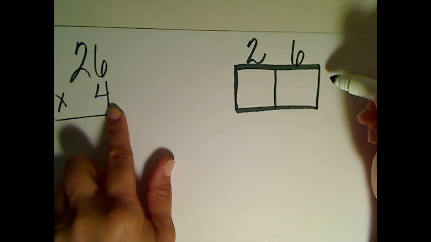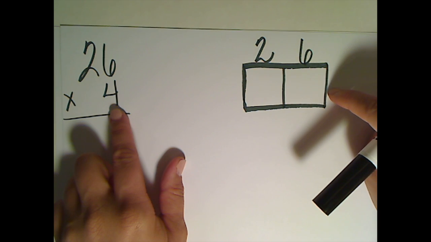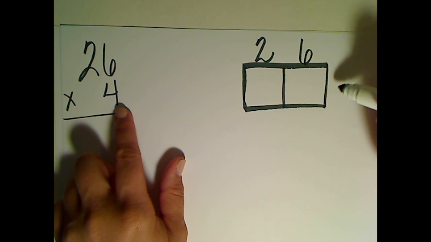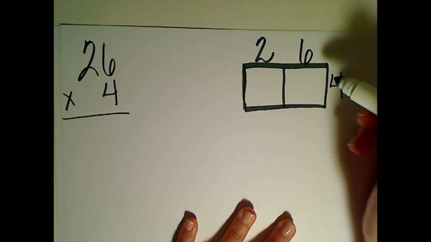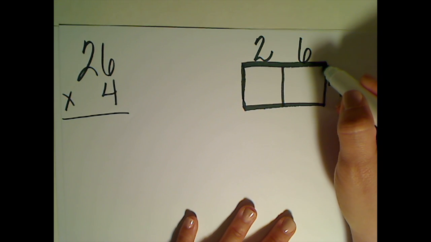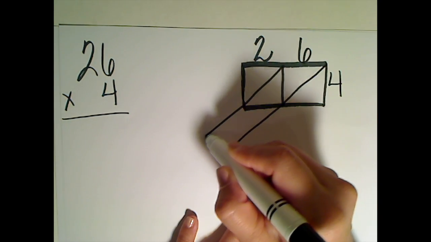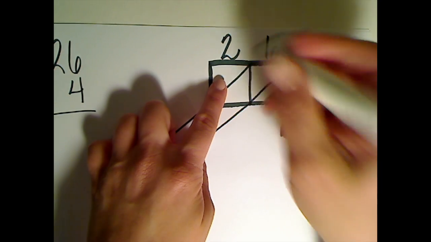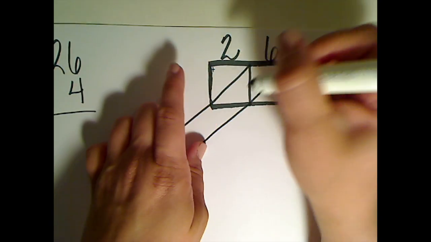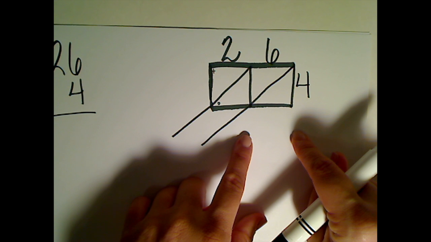And because there's only 1 digit in the second factor, you only need 1 row. Then what you do is you go through and you create diagonal lines. This top box is the tens place. This bottom box is the ones place once you start multiplying.